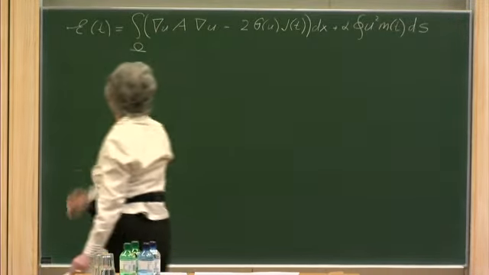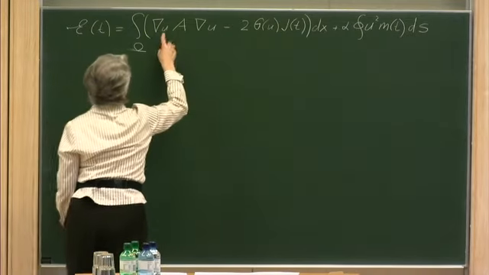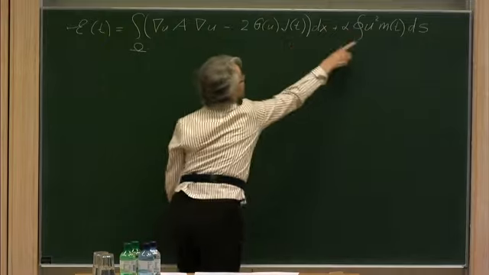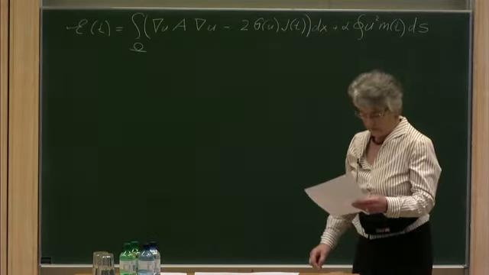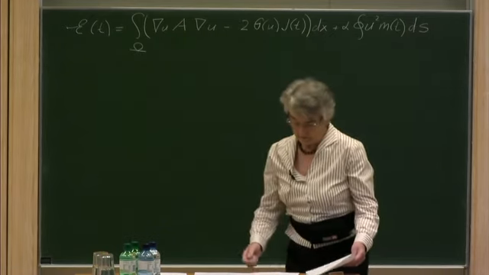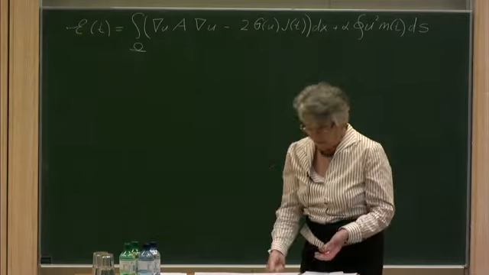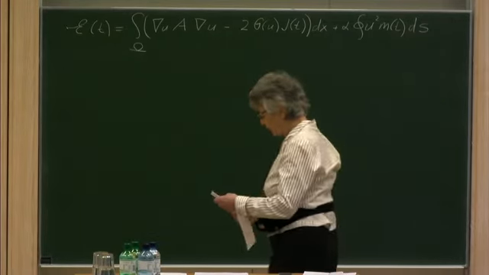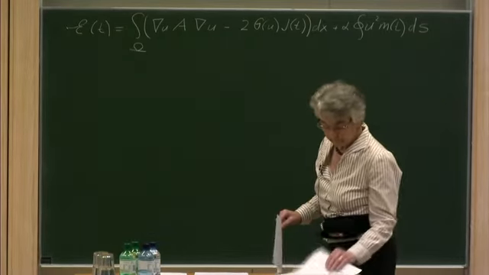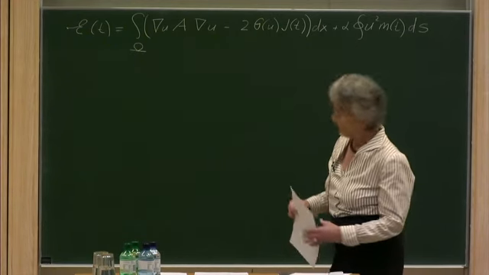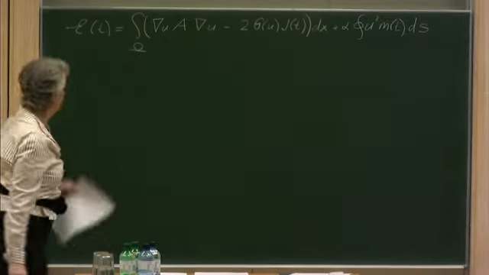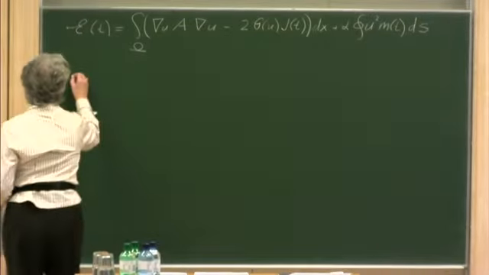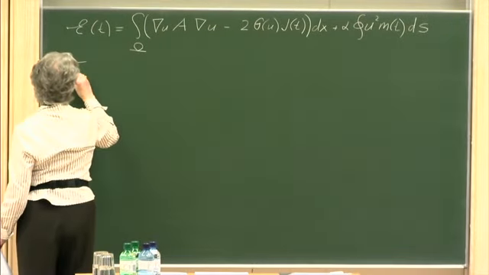And now, formally, we just differentiate all those terms with respect to t. And then, if we do that and some partial integration, and using the Gauss theorem on surfaces, one gets a very nice expression for the first variation.